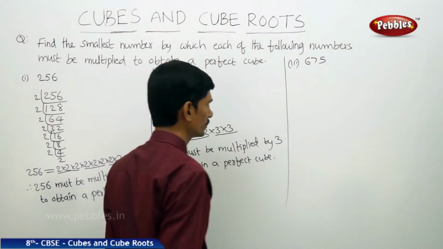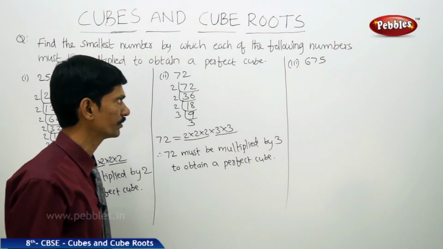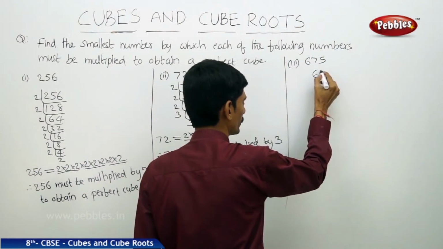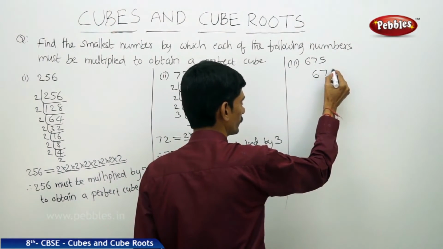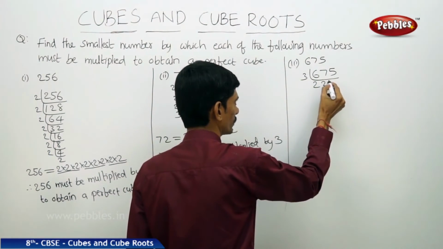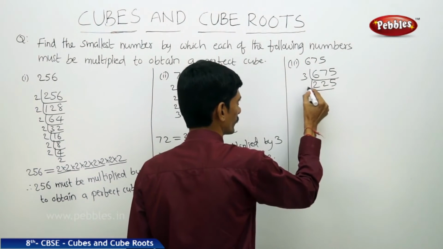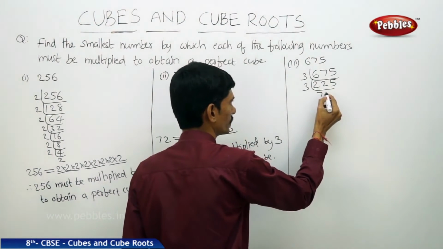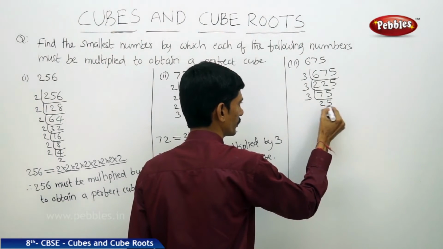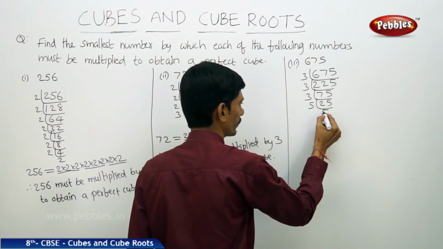675. So let us see whether 675 is a perfect cube or not. Now we will see the prime factorization of 675. 3 2's are 6, 3 5's are 15, 3 7's are 21, 3 25's are 75, 5 5's are 25.